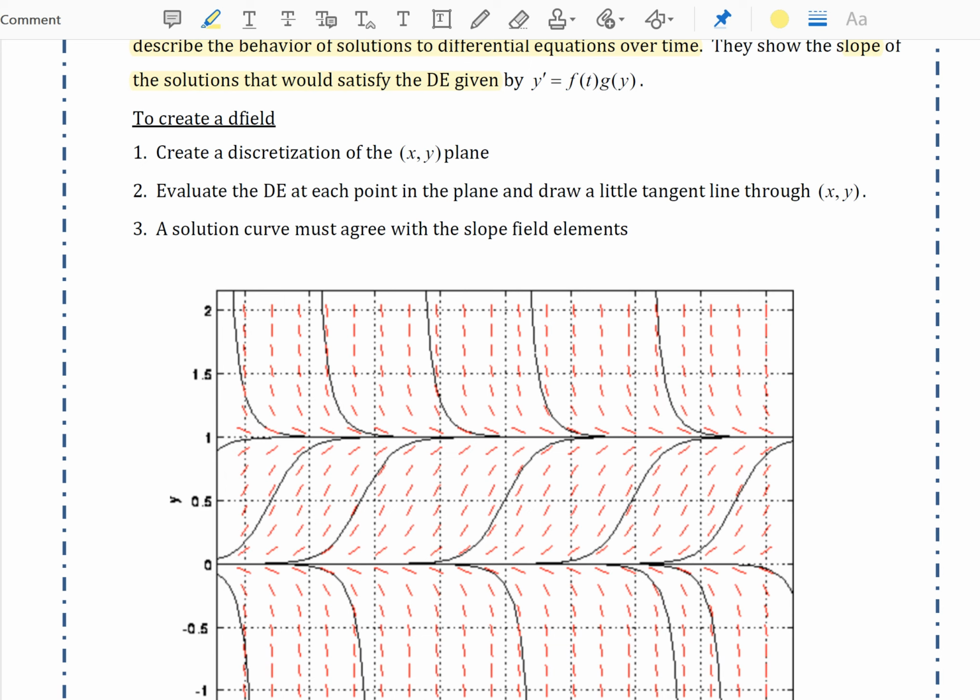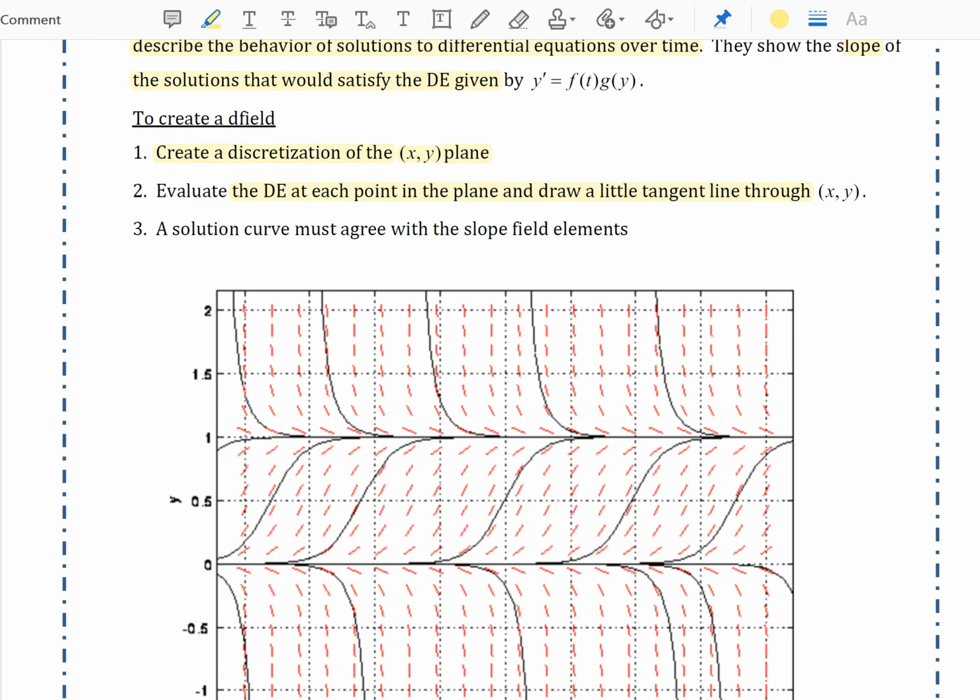To create these direction fields, we create what's referred to as a discretization of the plane. We break the plane into a bunch of points. Then we evaluate the DE at each point in the plane and draw a little tangent line through that ordered pair. These first two steps are what create all of the red line segments here.